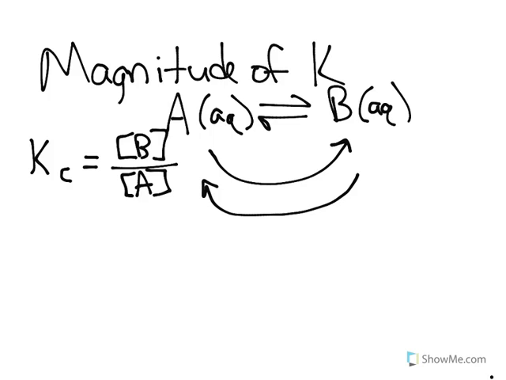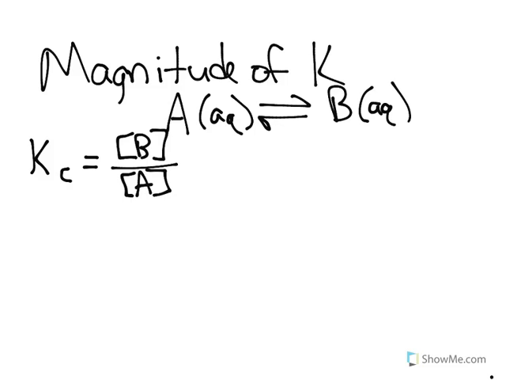Their concentrations aren't changing, and it appears that nothing's happening, but there's still a reaction taking place. A is turning into B, B is turning into A, but it's happening at the same rate. So it appears to the macroscopic world, in the concentration changes, that nothing is happening.